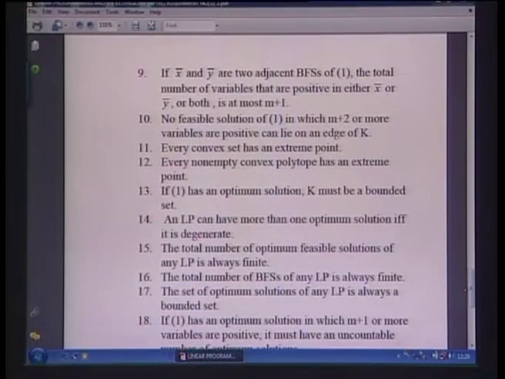Okay. Then I thought that I will mention problem 9 here. Question 9 says if x bar and y bar are 2 adjacent basic feasible solutions of 1, the total number of variables that are positive in either x bar or y bar or both is at most m plus 1, right? Because x bar may be degenerate, so it has at most m positive variables.